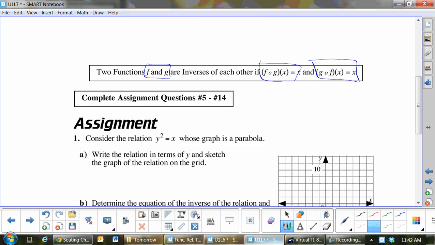Okay, and then the next assignment, which is the same assignment, is 1 to 8 and 10 to 13. Just do A, C, E, G.